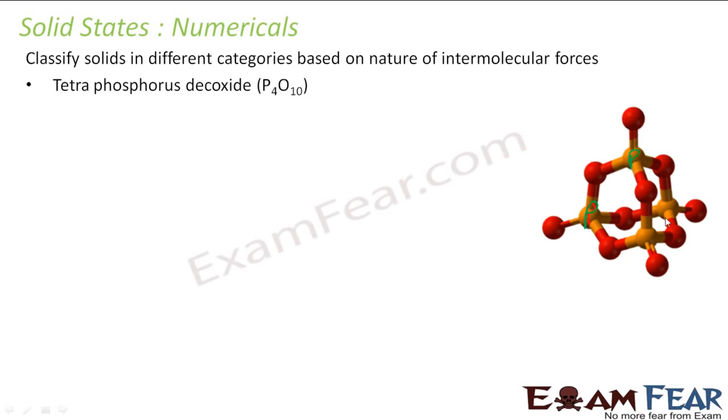This is my phosphorus, phosphorus, phosphorus, phosphorus. Four phosphorus, and the red ones are oxygen. So this P4O10 is a molecule, and there are so many molecules like this, and they are held together by van der Waals force. So this will be a molecular solid.